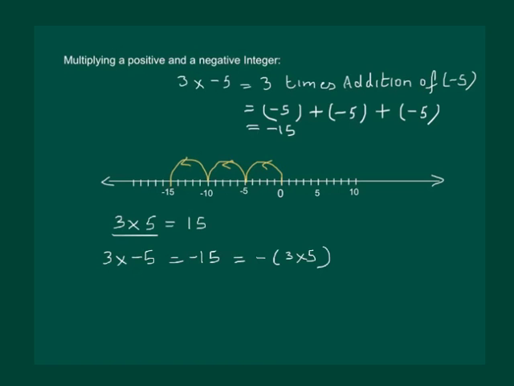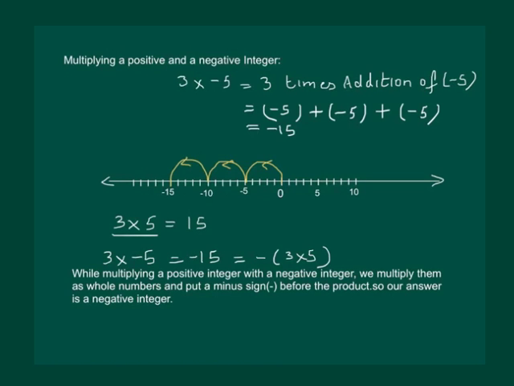So we can say that while multiplying a positive integer with a negative integer, we multiply them as whole numbers and put a minus sign before the product. So our answer is a negative integer.